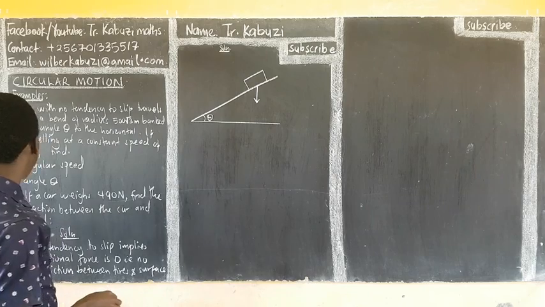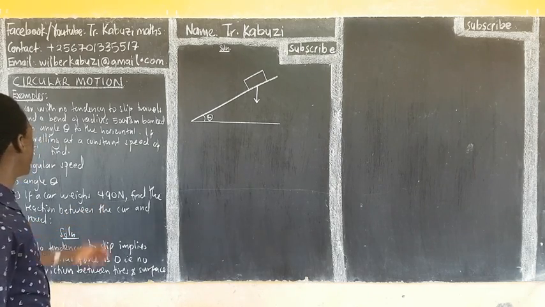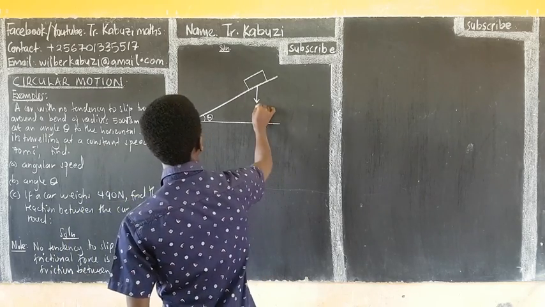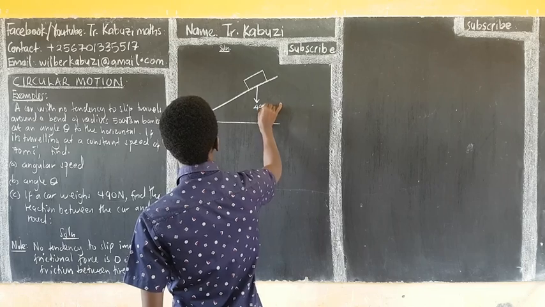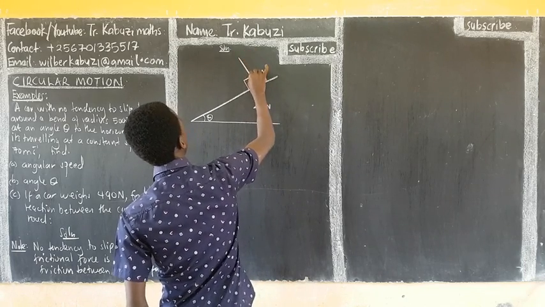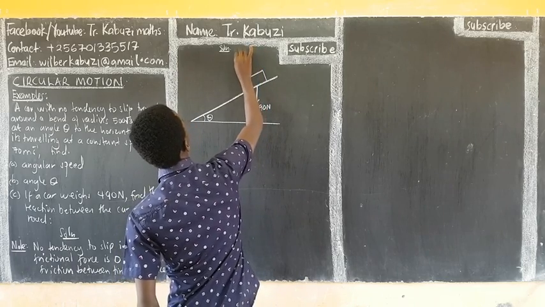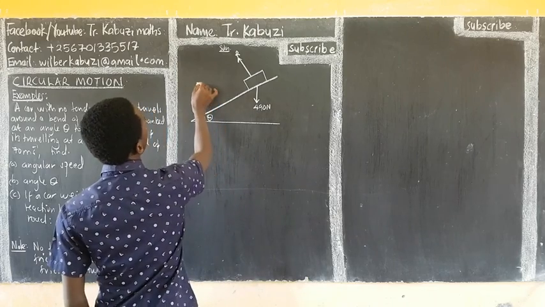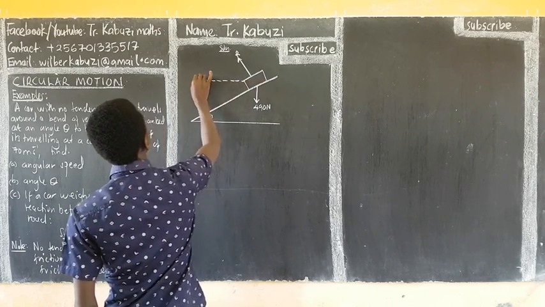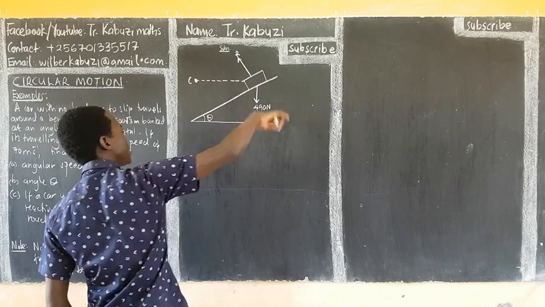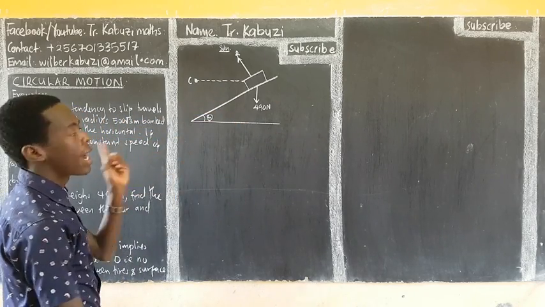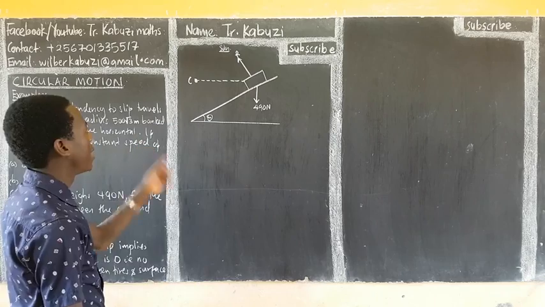Now, they're telling us the car weighs 490 newtons, which means we can put our weight there as 490 newtons. We are going to have the reaction there. Then of course, as this car is moving, it's going to be at a certain radius from the center, because as it moves around, it's going to form a circular path.